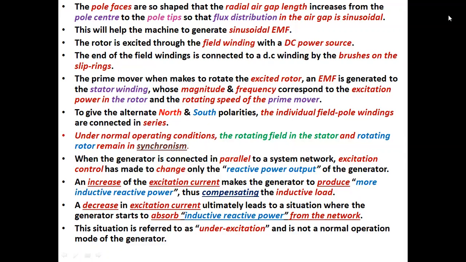The rotor is excited through the field winding with a DC power source. The end of the field windings is connected to a DC source by the brushes on the slip rings.